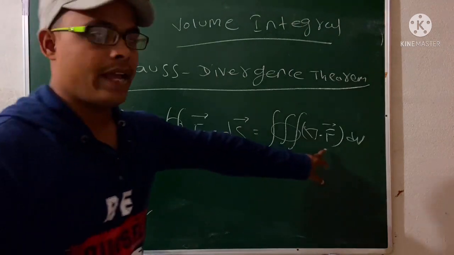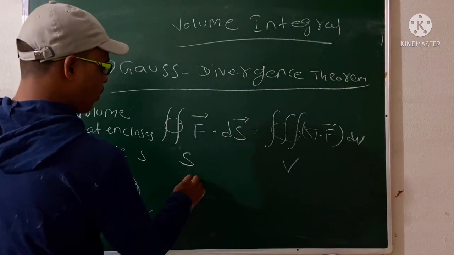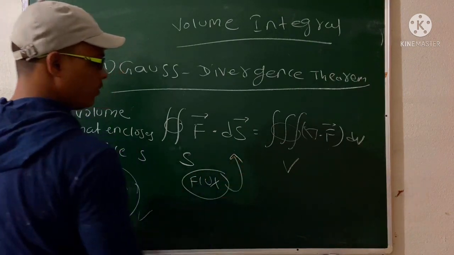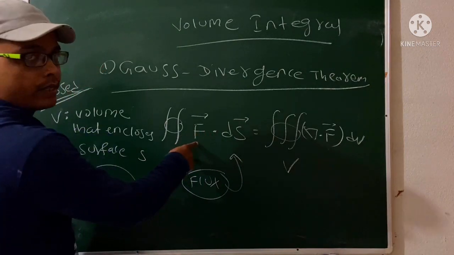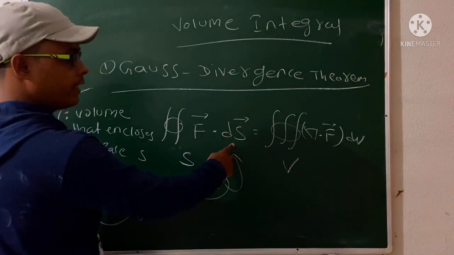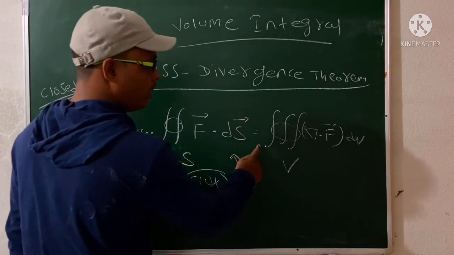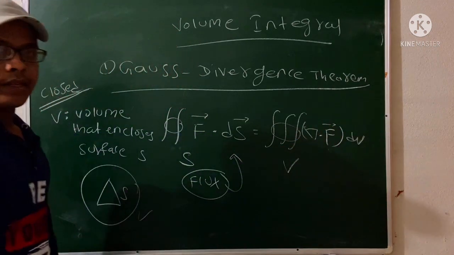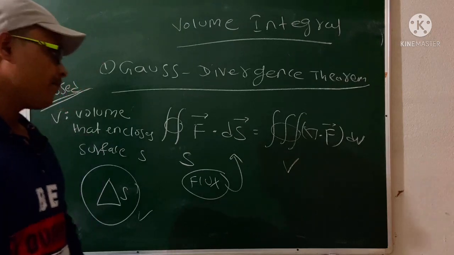So what will we write in the physical form? This is the divergence, and this can also be called the flux. So now, the surface integral of a vector field over a surface S is equal to the volume integral of the divergence of the vector field over the volume V that encloses S. So I am repeating.